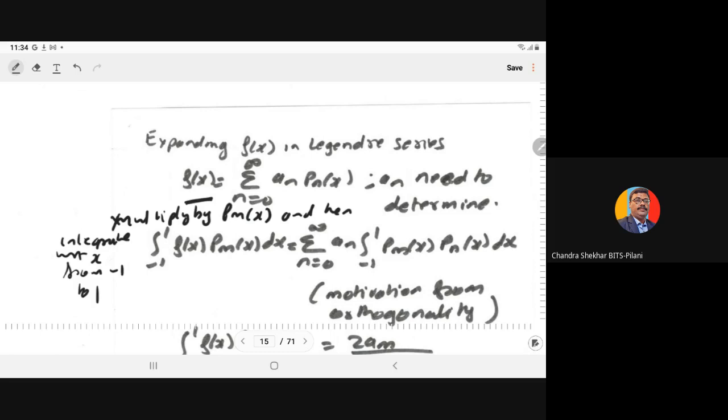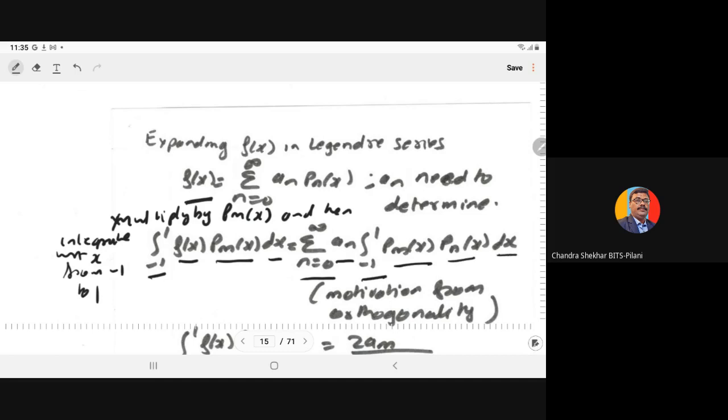First you multiply by pmx on both sides. Then you take the integration from -1 to 1. So here we have the integral. Left side will be the integral of fx into pmx dx with respect to x. You have multiplied, and on the right hand side, we have the summation n is equal to 0 to infinity an, then integral pmx pnx dx.